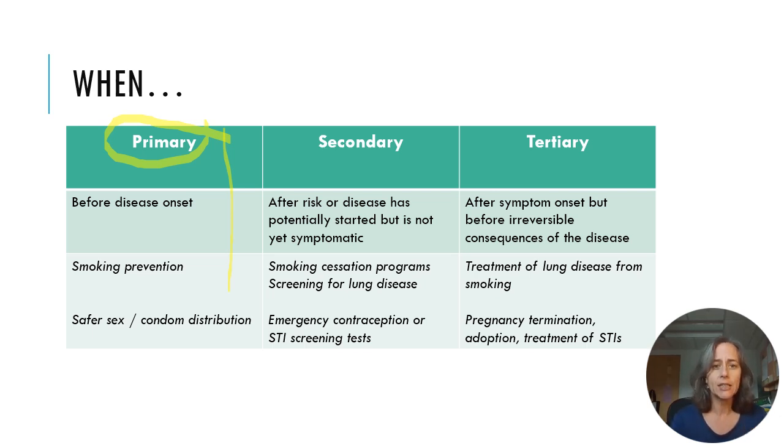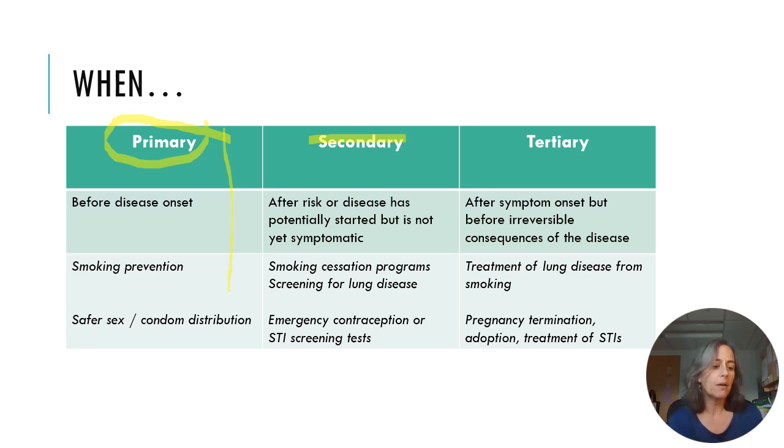Now, a secondary intervention is either you have the disease, but it's not yet symptomatic, or you have developed some risk factors for the disease. And so we're going to intervene now at this point, right? The cat's trying to get out of the bag. We're going to try to get it back in. So smoking prevention programs, helping people quit smoking before they develop heart disease, lung cancer, lung disease. Screening for lung disease would also fall in that category.